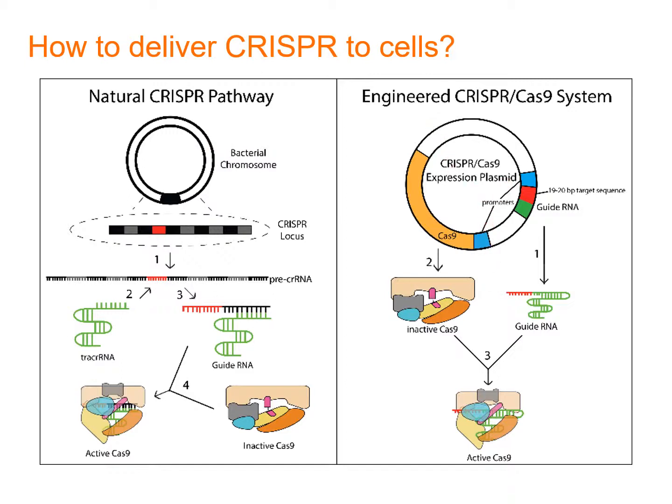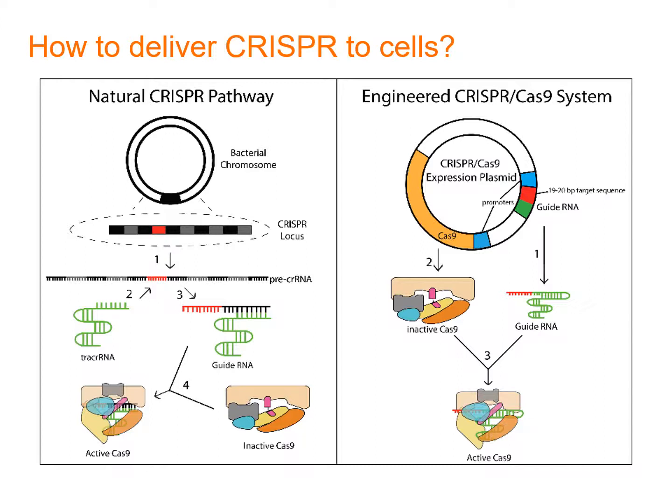As you know from what you have learned in this course, we can modify a plasmid and insert segments of DNA that we would like to have inside that plasmid. So if we're going to make CRISPR work in mammalian cells rather than bacterial cells, we need to insert specific segments of DNA that are the components of the CRISPR system.